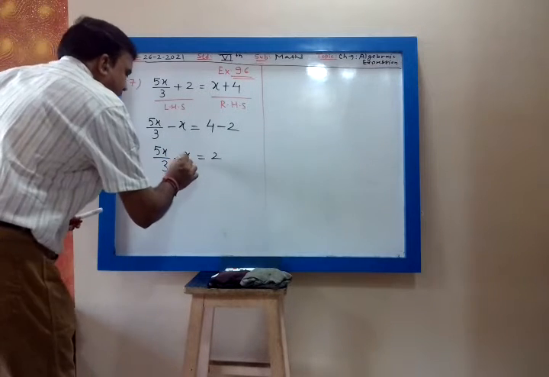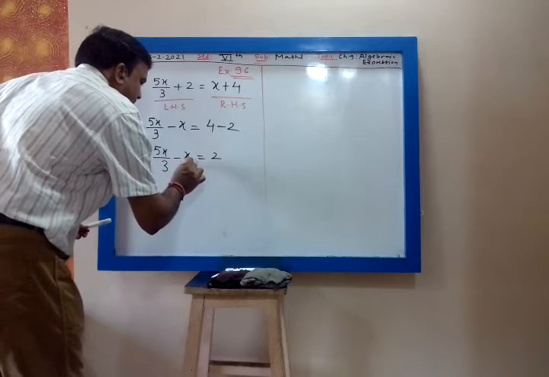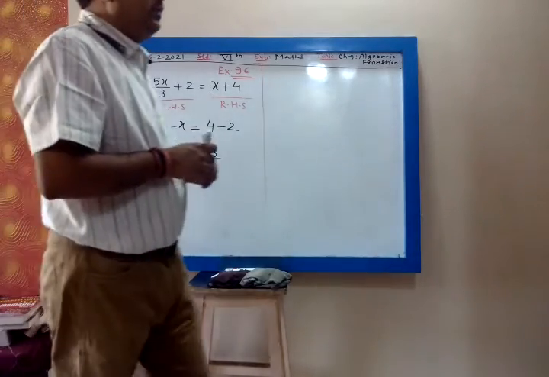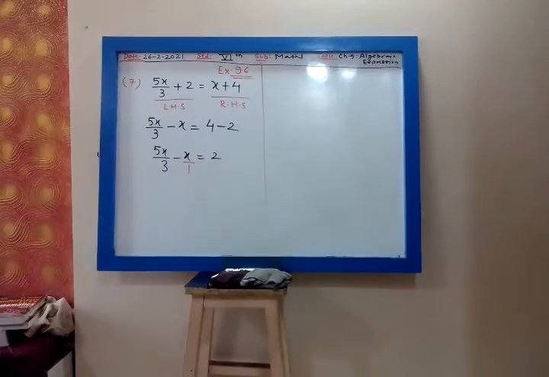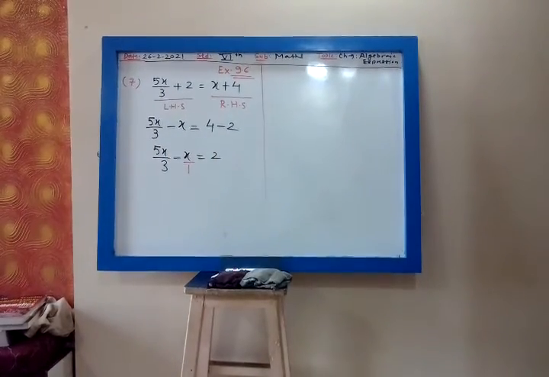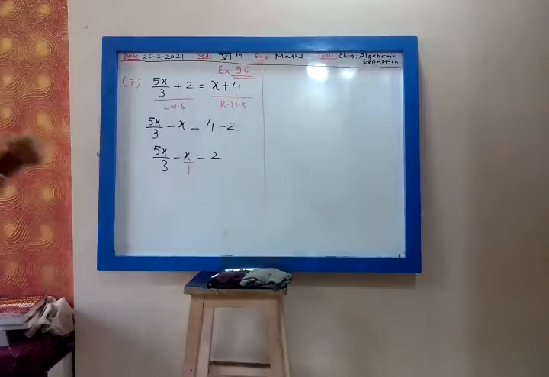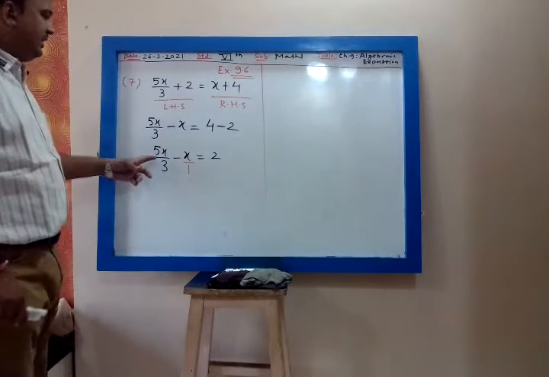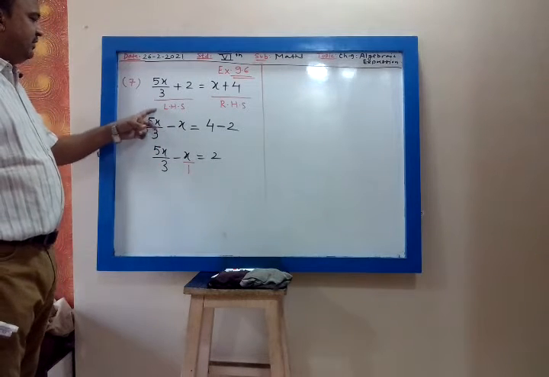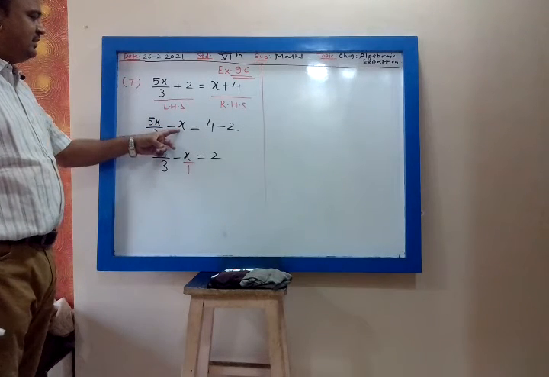So to convert this into a fraction, we write in the denominator 1. 5x upon 3 minus x upon 1.